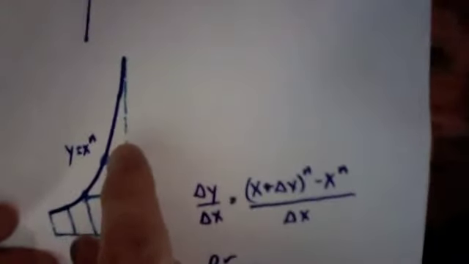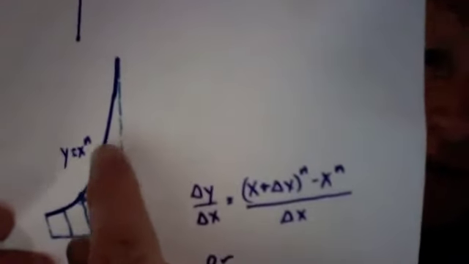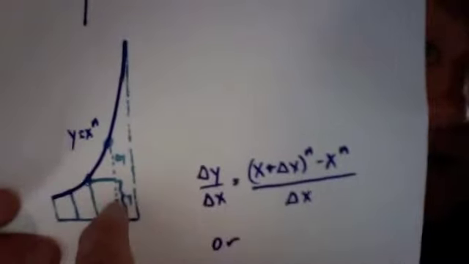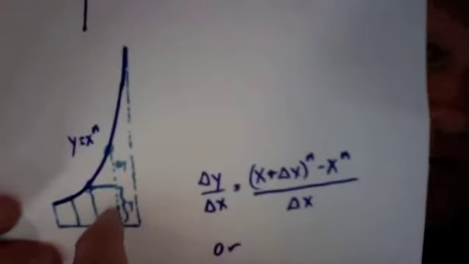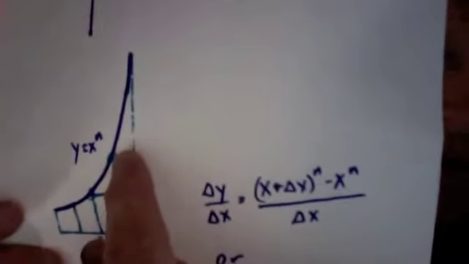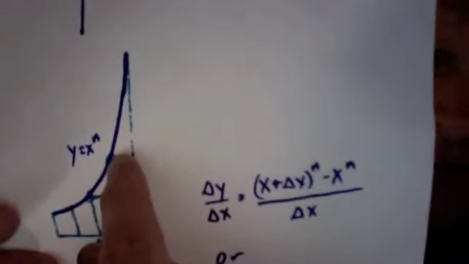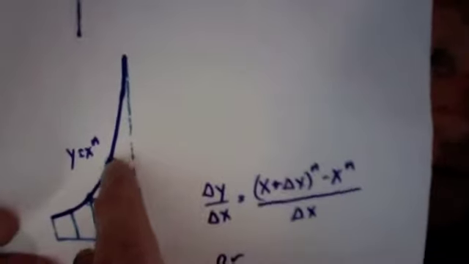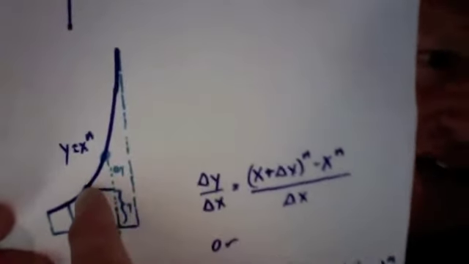So if I put more and more of these dotted lines until they approach infinity, in other words, an infinite number of these dotted lines, I could move this point, x plus delta x, comma, y plus delta y, closer and closer to x, y.